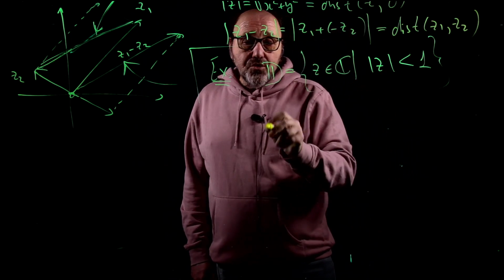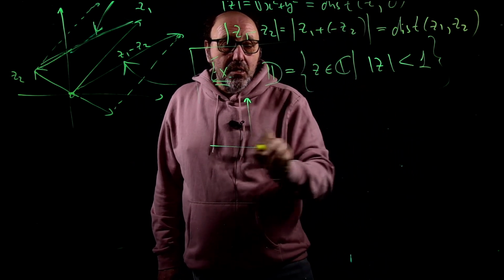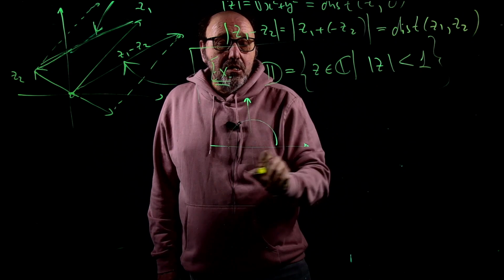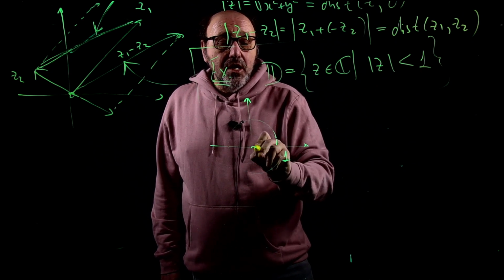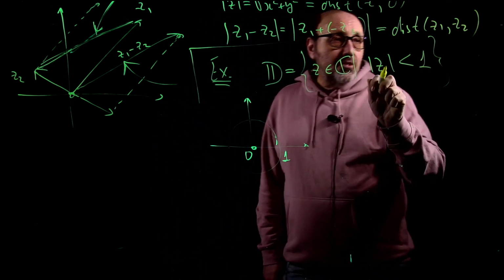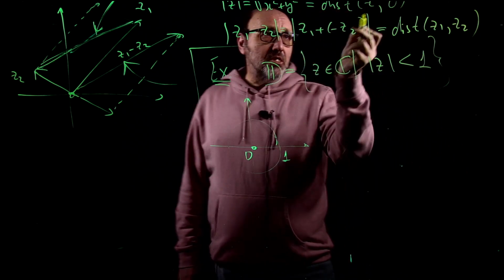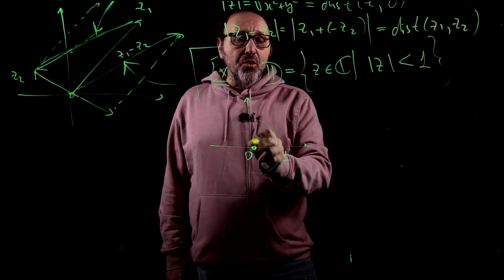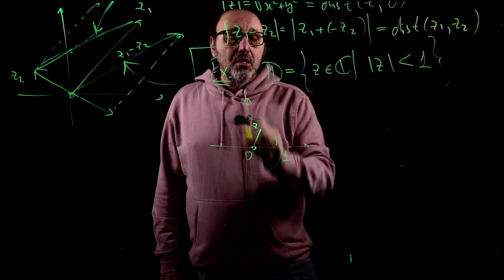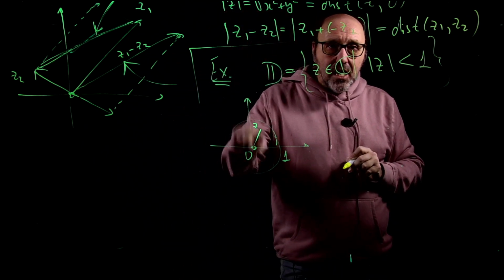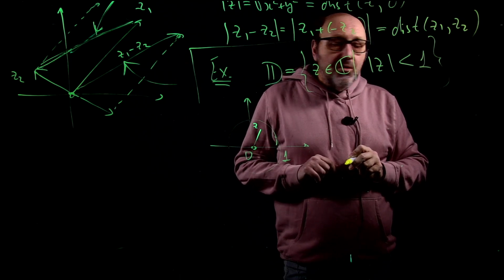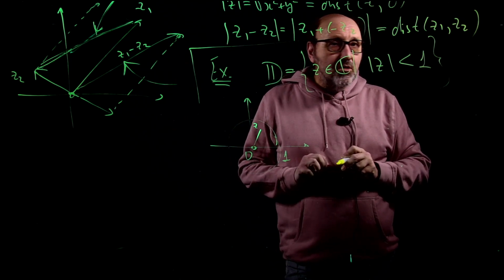This is obviously the unit disk centered at the origin. Indeed, the condition that the modulus of z is smaller than 1 simply means that the distance from z to the origin is smaller than 1. But this is exactly all points which are in the interior of the unit disk, right?